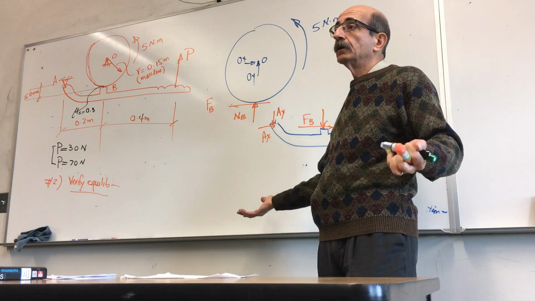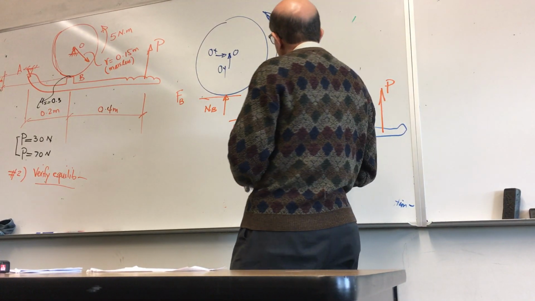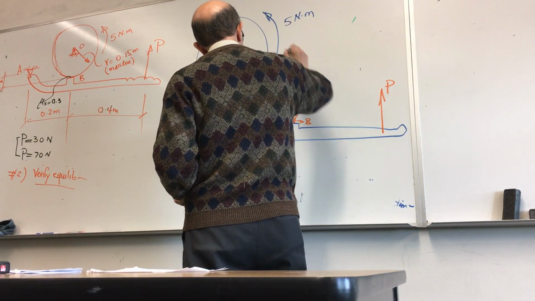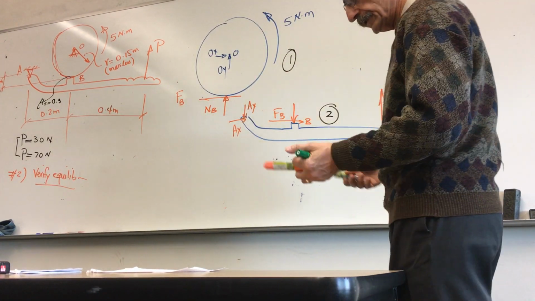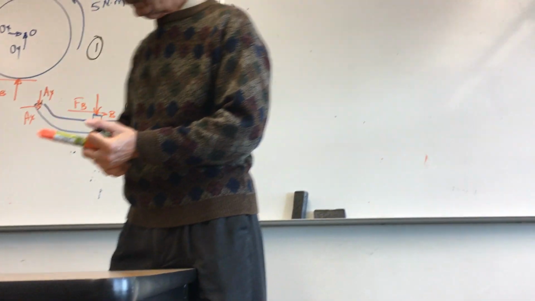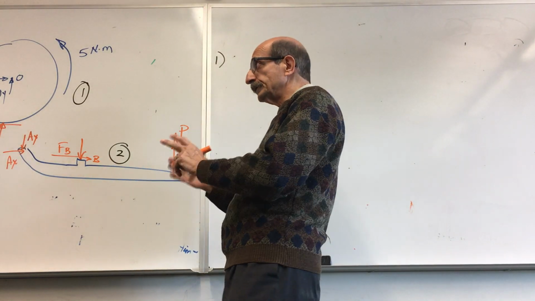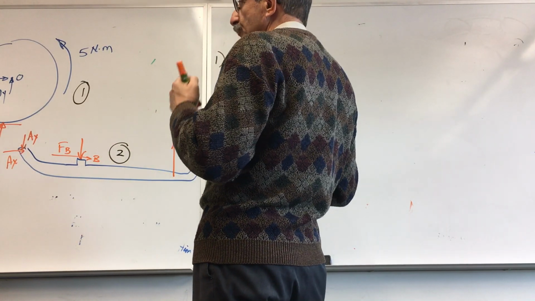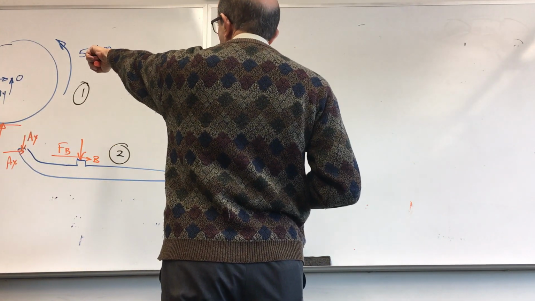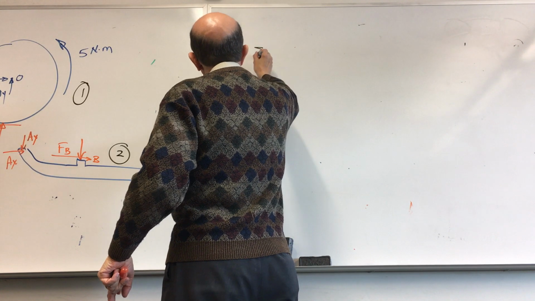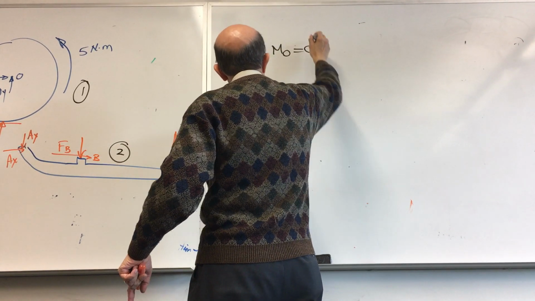The third step now: apply equations of equilibrium. So again, I have two free body diagrams, 1 and 2. Let's consider 1. And remember, again emphasizing, you do not have to find all the unknowns, only the ones you've been asked to find, which is force P. So I'll take summation of moments at point O equal to 0.